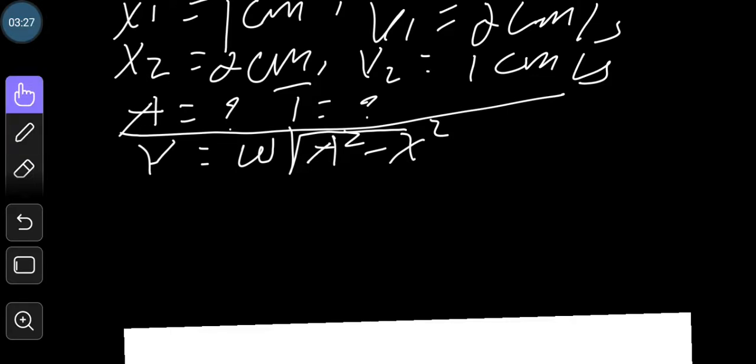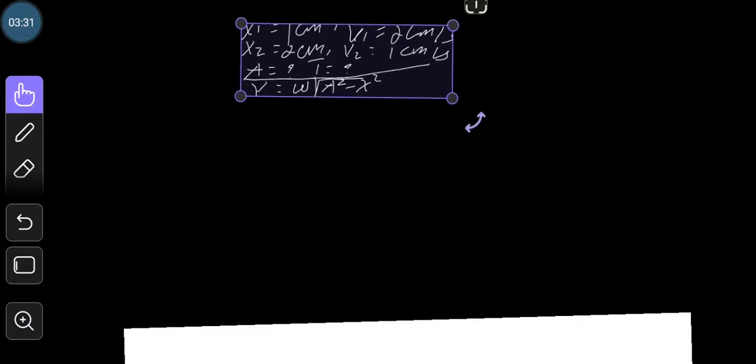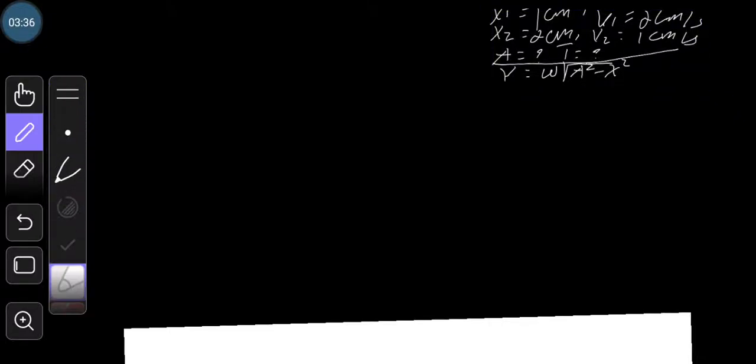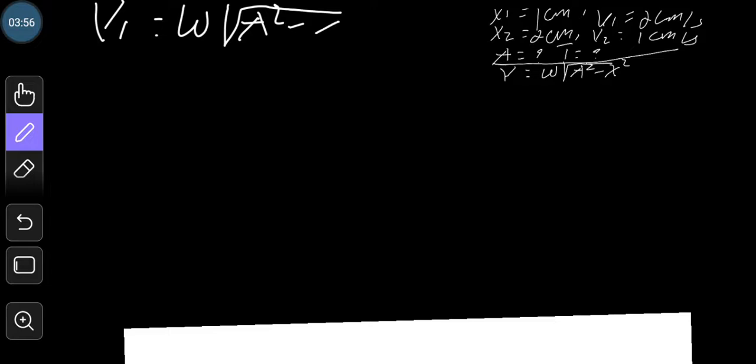Now v1 is equal to omega times under root a square minus x1 square. Omega is not amplitude, rather it is angular frequency.